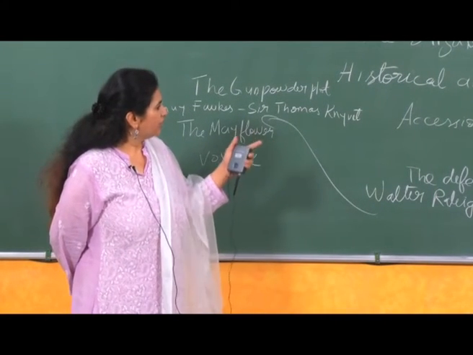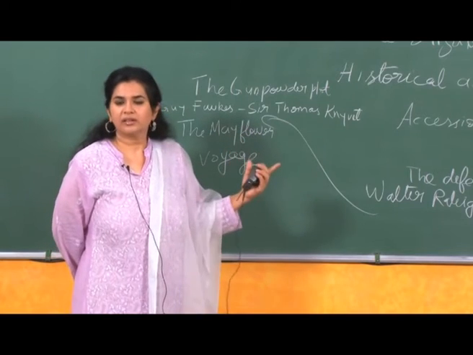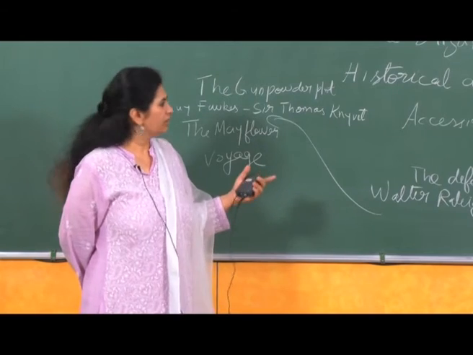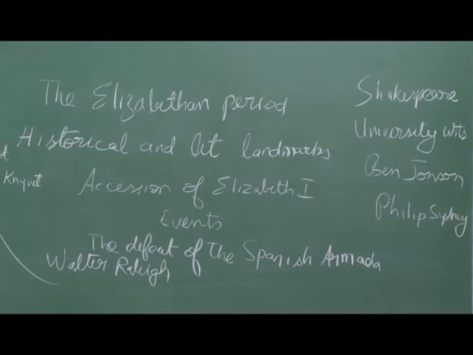Now, the major landmarks, historical and political: accession of the first Elizabeth, Queen Elizabeth I, the events that took place during her reign, the defeat of the Spanish Armada in 1588, that is very important, the rise and fall of Walter Raleigh.